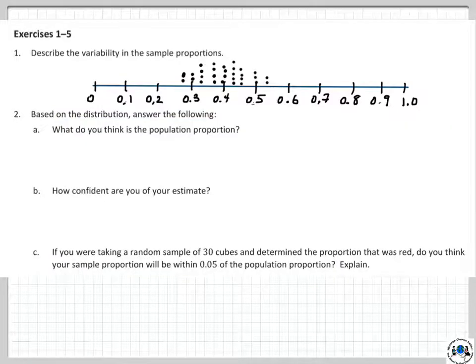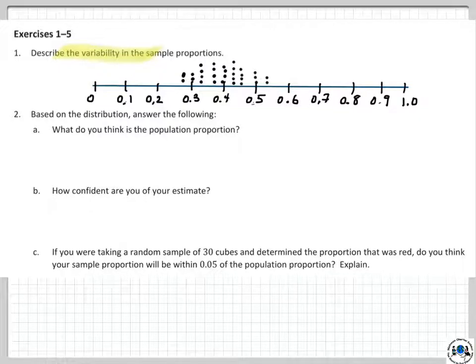And here we go. Describe the variability in the sample proportions. Okay, now we're talking about variability here. If I was to describe the variability, I'm going to say it's less than when we took samples of 10. That's for sure.